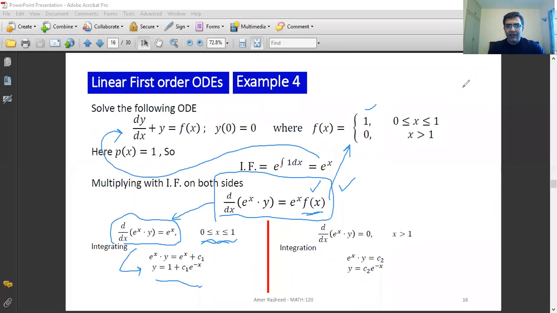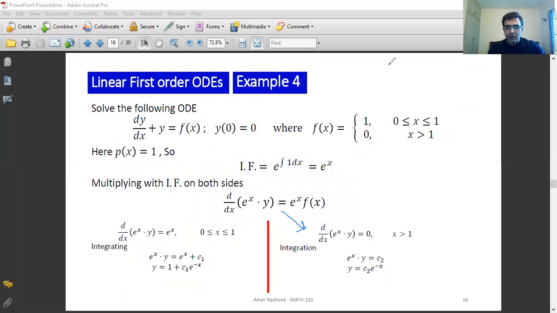On the right hand side, f of x is 0, so the right hand side becomes 0, and integrating again on both sides, we get this solution. So now we have two solutions. One solution is on the interval x less than 1, and the other solution is valid for x greater than 1.